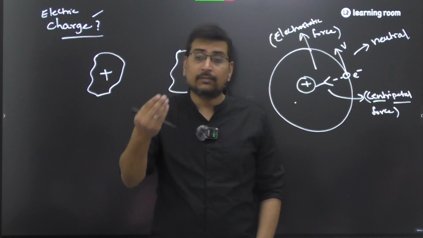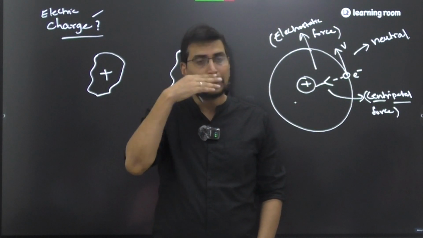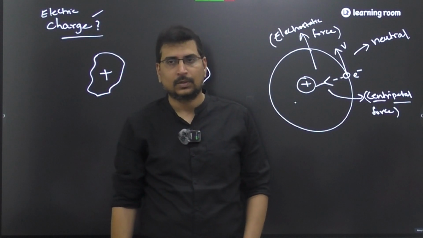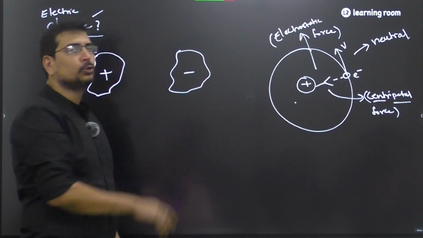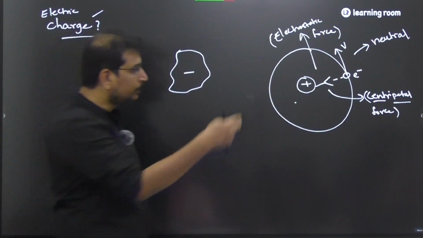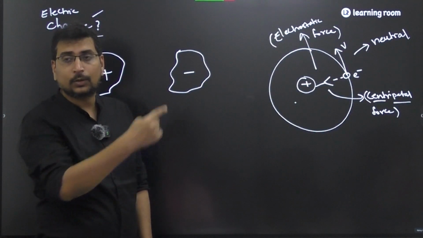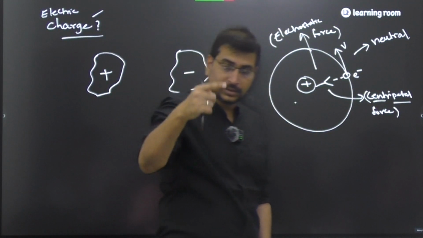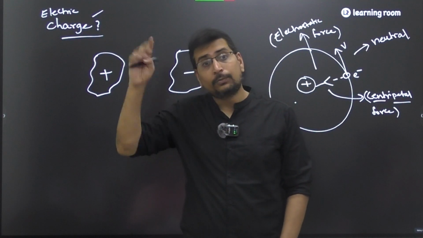Or I can have deficiency of electrons, meaning I am trying to decrease the number of electrons in the orbit. Which one is easy? Why? Outer motion. Electrons are held to the nucleus because of the electrostatic force, but the protons inside the nucleus are held due to the nuclear force, which is many-fold stronger.